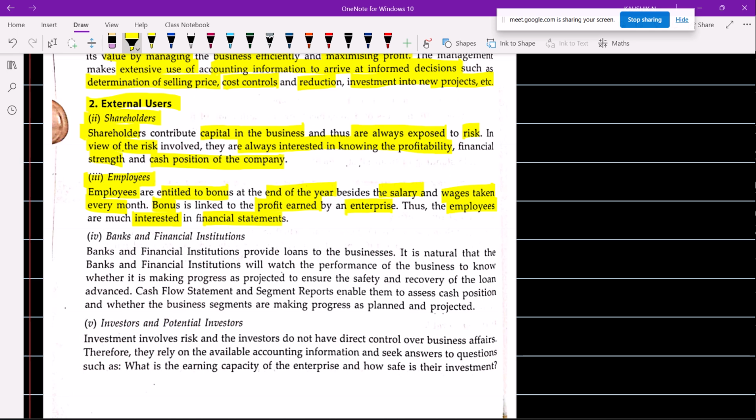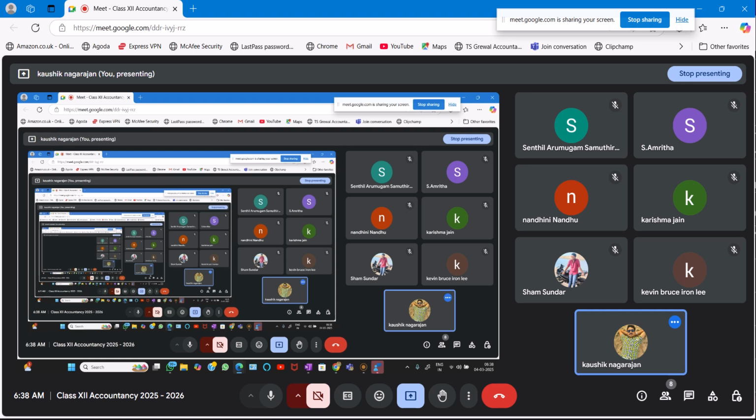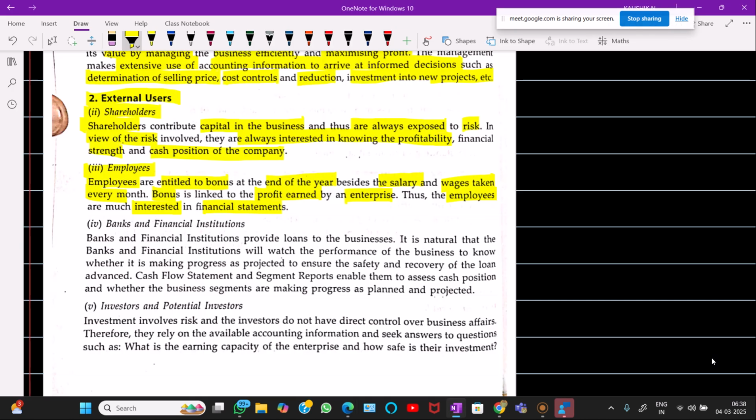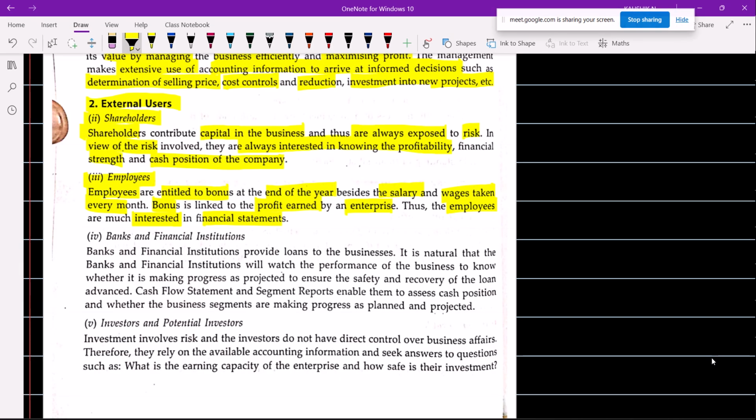In addition to the salary or wages paid every month, employees are also entitled to a bonus from the profits of the business. Thus, employees want to know how much profit is being earned by the company or the business firm during a particular year. For that purpose, they need your financial statements.